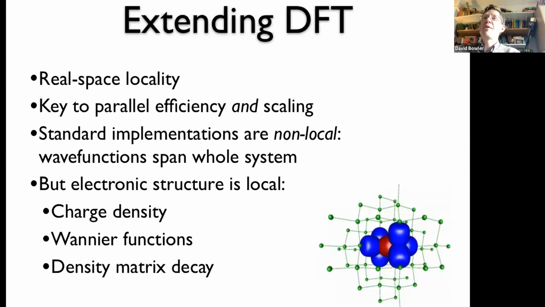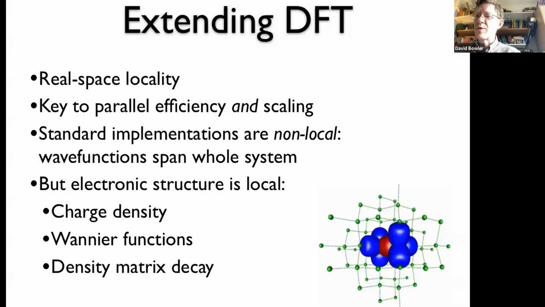And if you're thinking about a plane wave basis set, then of course your basis functions also span the whole system. But we know that electronic structure is local. So charge density itself is local, Wannier functions, and there's an illustration there that I've taken from what I thought was a Psi-k highlight, but also turns out to have been published in a paper, and I really should have put the reference there, and I apologize for not doing that.